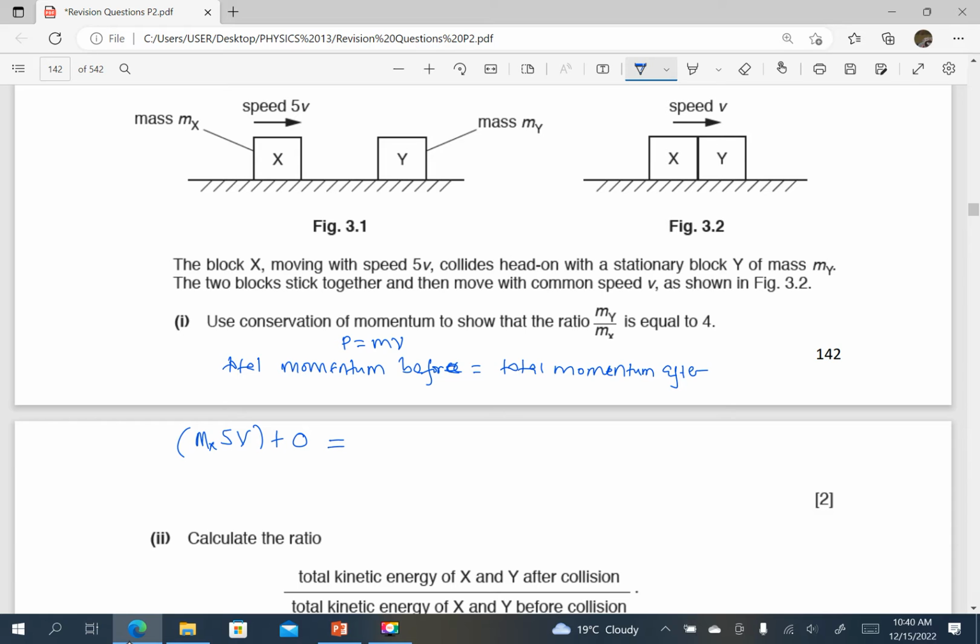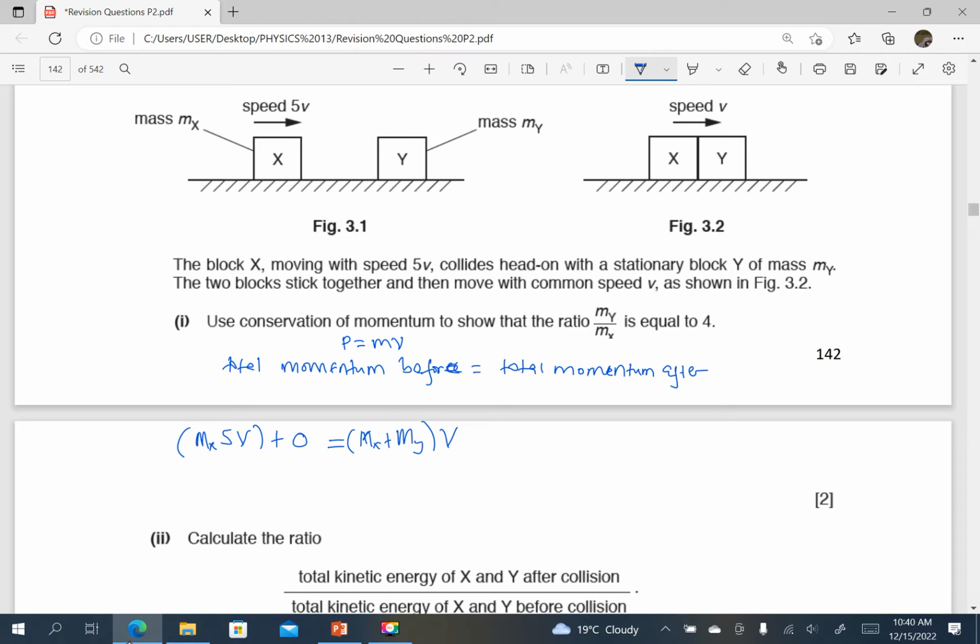Total momentum after collision, they stick together, so the total mass is going to be m of x plus m of y, that is total mass. They move with a common velocity v. So we just now do the algebra. I'm going to divide everything by mx.